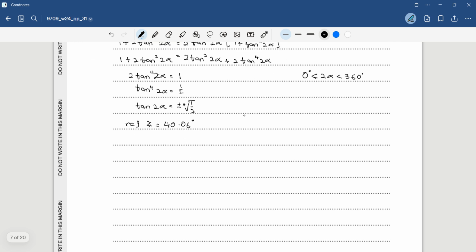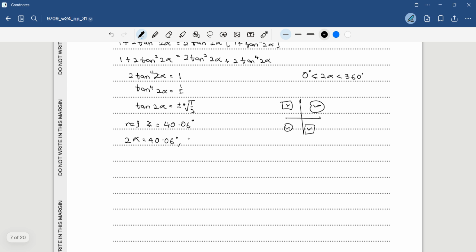So it's going to be one complete circle, and here you got plus minus, which means it involves all four quadrants. Tangent positive is first and third quadrant, and tangent negative is second and fourth quadrant. So my 2 alpha will be 40.06 for the first quadrant.